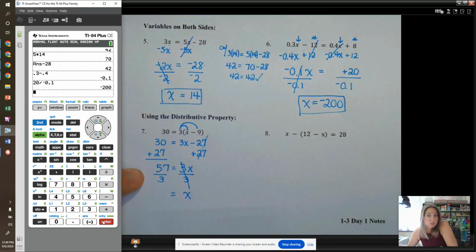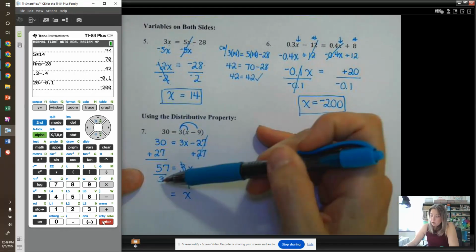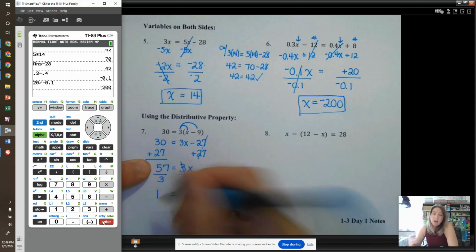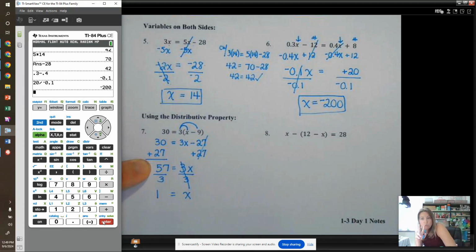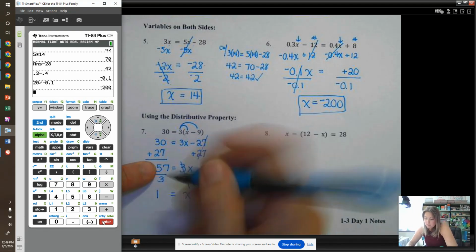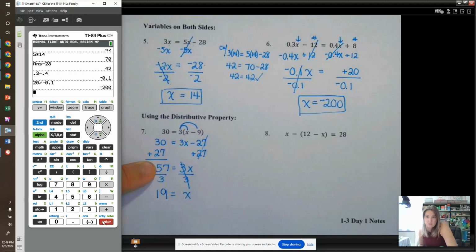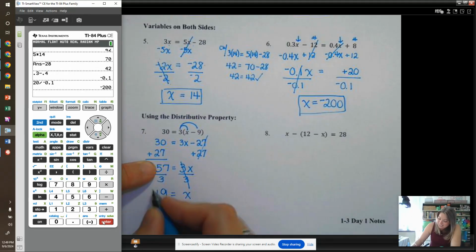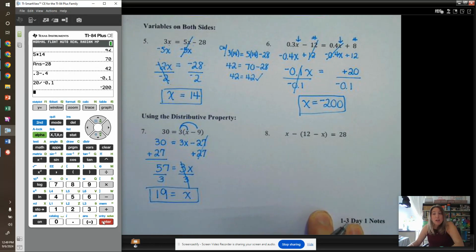Some quick division skills to try over. 3 goes into 5 one time. How many are left over? 2. So now it's 27, and 3 goes into 27 9 times. We saw that right up there, right? So you get 19 equals x, which, by the way, because it's an equal sign, is the same as x equals 19. So if it makes you feel more comfortable to have the x's on the left, feel free.